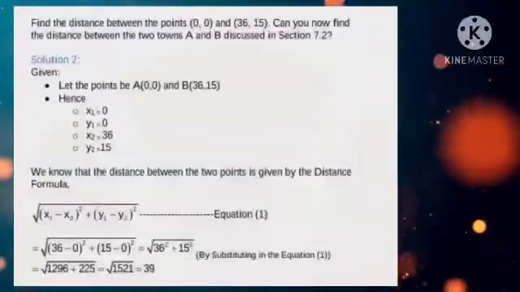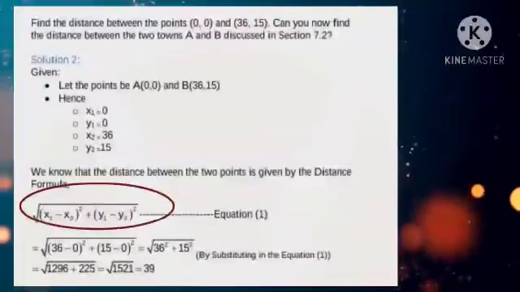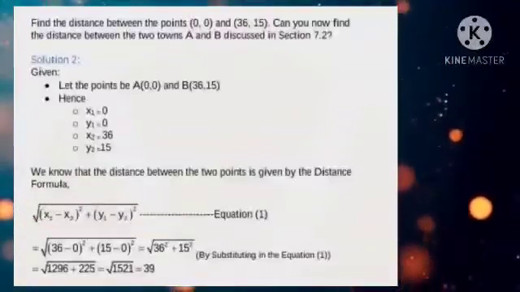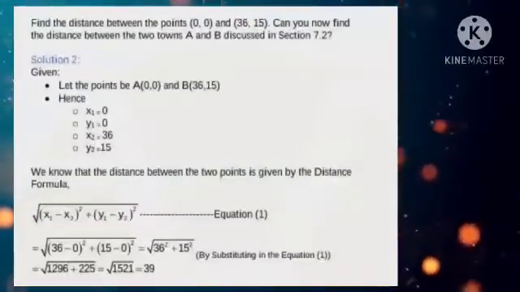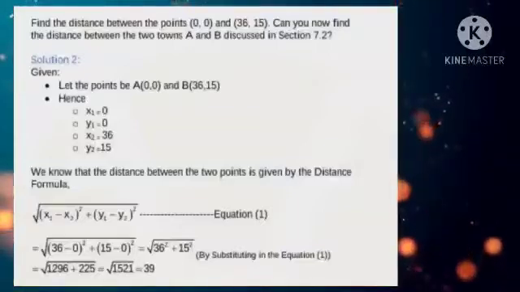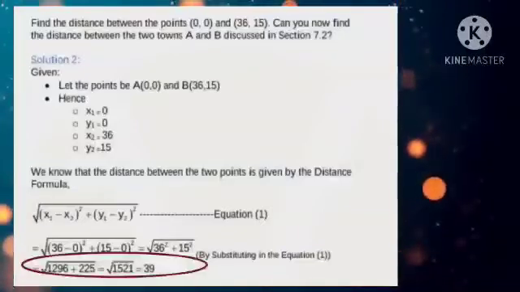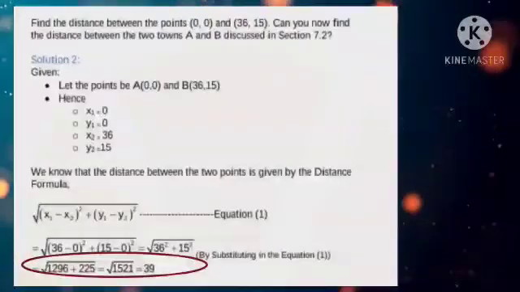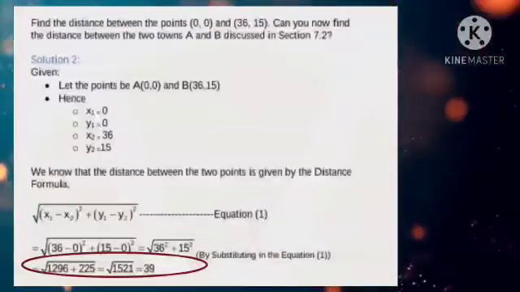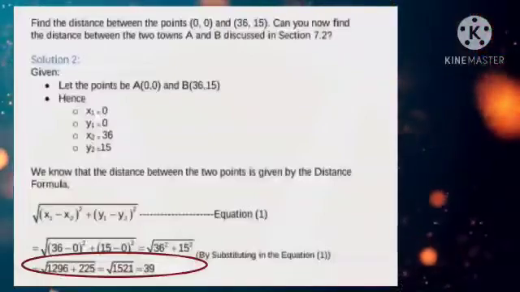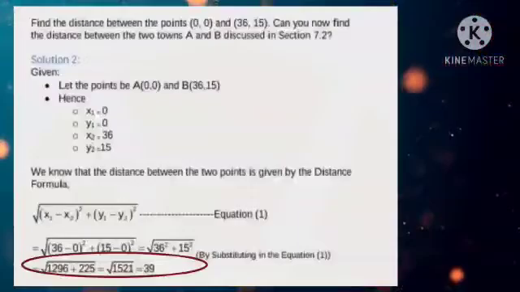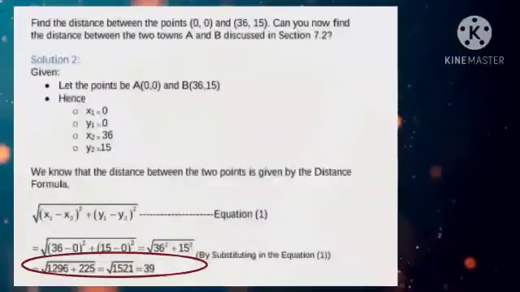Again, by using the distance formula, which is under root (x1 minus x2) whole square plus (y1 minus y2) whole square, and on putting the respective values, we get under root 36 square plus 15 square, as the values of x1 and y1 are 0. We get root 1521 as the result, which can be written as 39. So the distance between the points is 39 units.